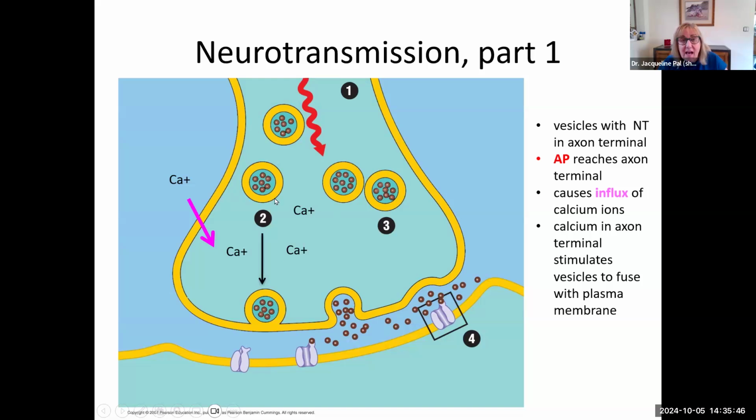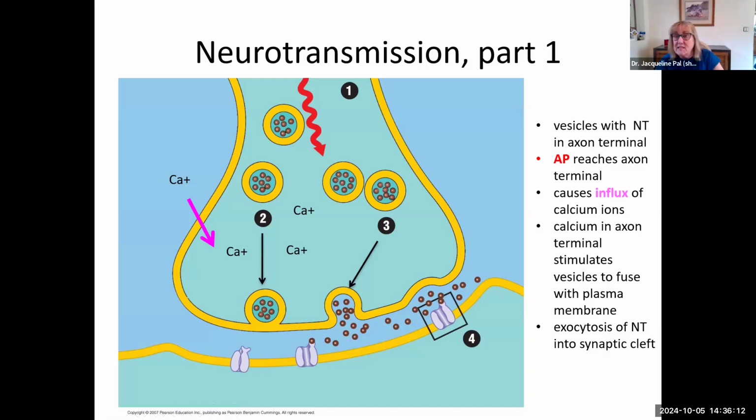And when we have calcium inside the axon terminal, that is going to stimulate these vesicles to move down towards the plasma membrane and bind to a protein here on the plasma membrane to fuse with it. And so they can undergo exocytosis and release their neurotransmitters into the synaptic cleft.